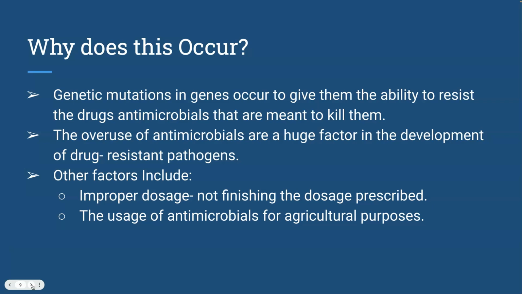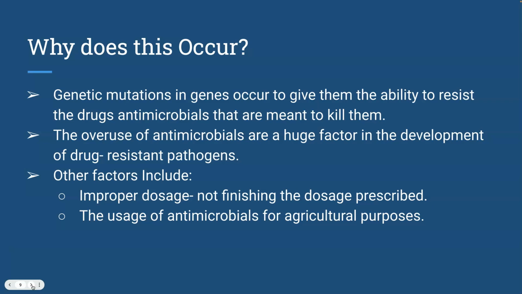And now that we've gotten some background info on antimicrobials and antimicrobial resistance, let's get into why this occurs. Antimicrobial resistance happens when pathogens mutate to defeat the antimicrobials that were designed to get rid of them.